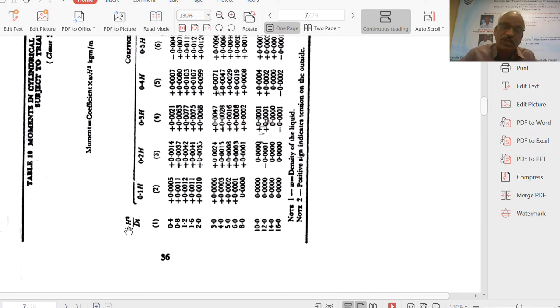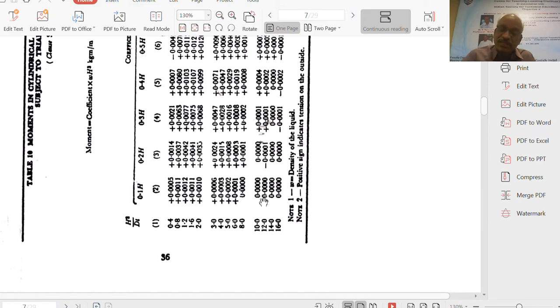So we have to find out the height, diameter and thickness. Based on H square by D T, which may be 6, or 8, or 10.5, or any value, the values are given for different ratios. In the vertical first column are 0.4, 0.8, 1.2, 1.6 up to 16. In between values you have to interpolate and get the value.